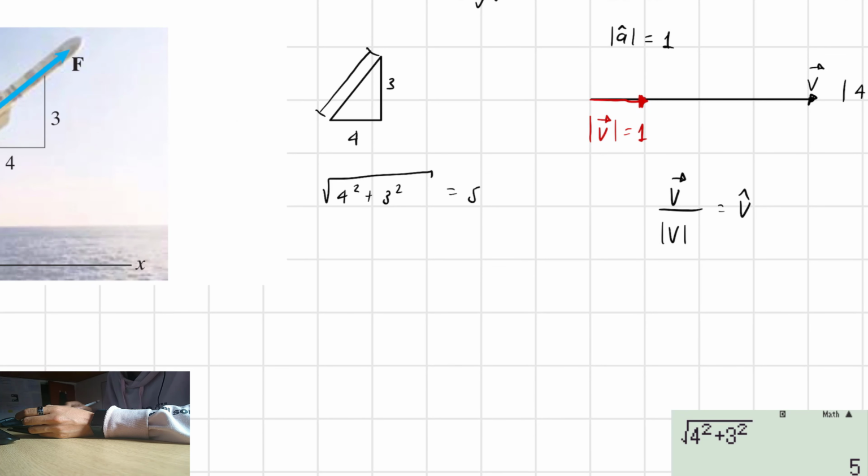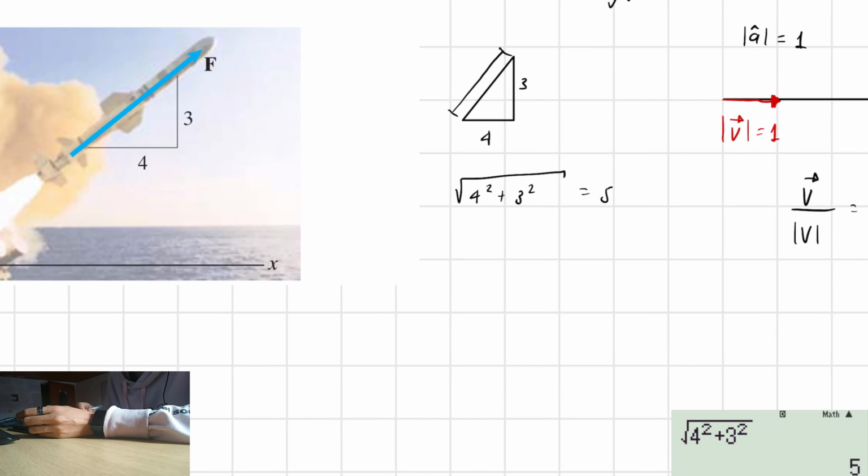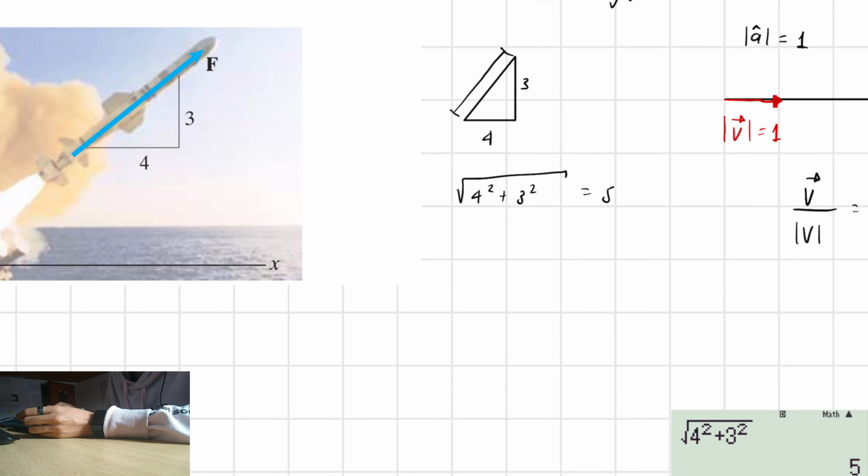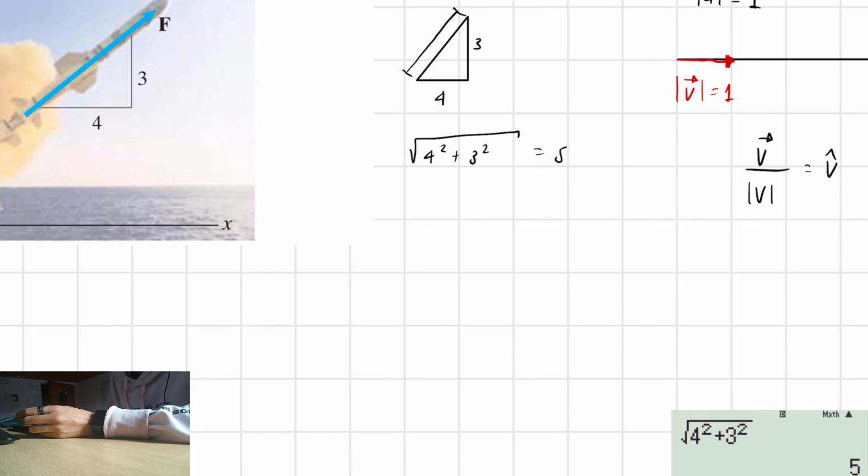So I already have the magnitude of the triangle that they gave to me, right? Now I am perfectly capable of finding the unit vector of this vector, right? Why is that? Because this vector, for example, I'm going to call it F2.